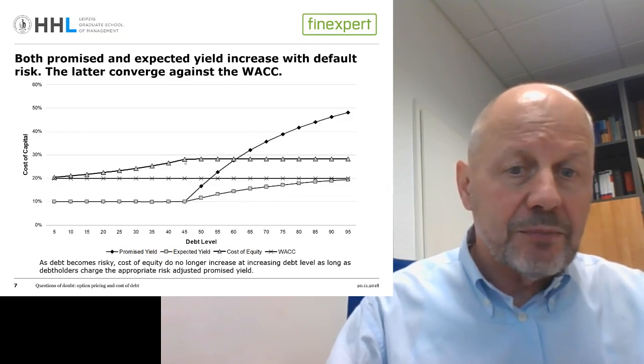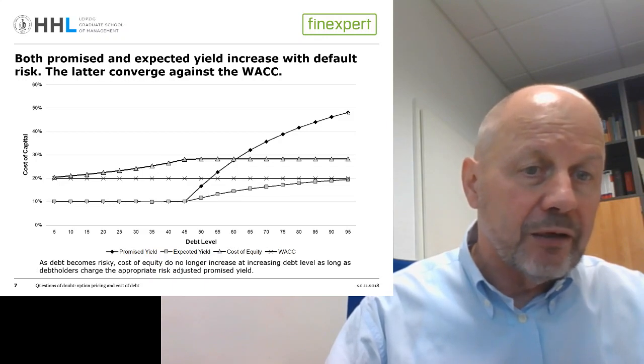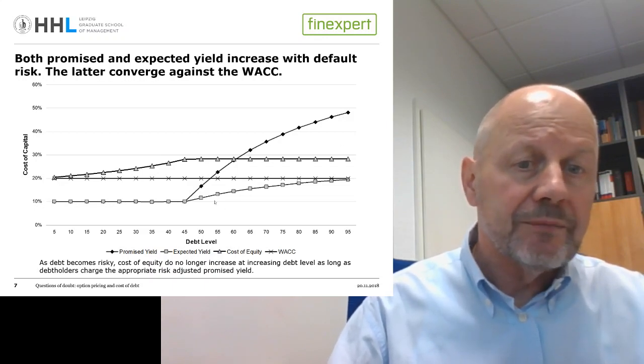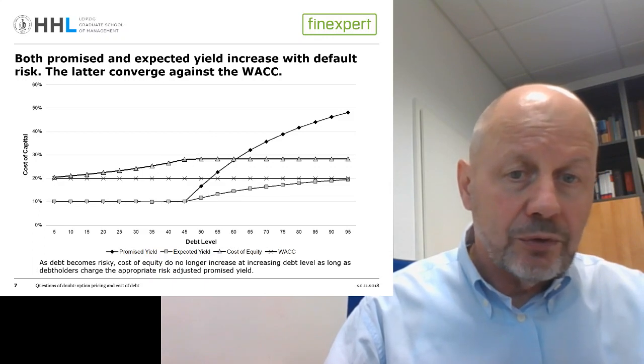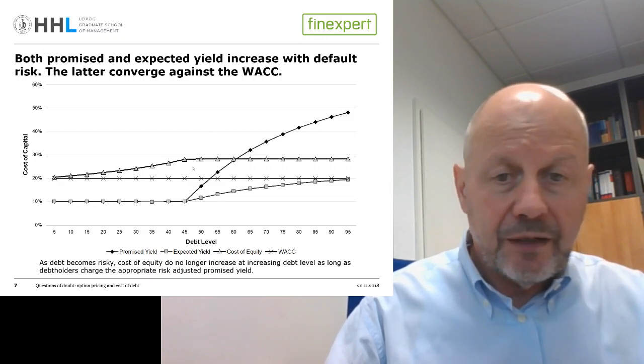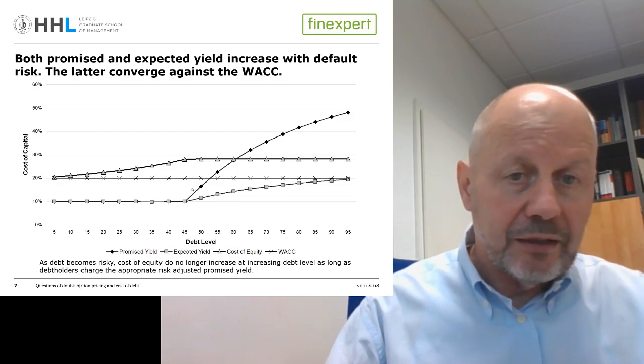This also makes sense, because beyond that kink you see that the debt becomes risky, and any further increase in risk is compensated by a further increase in the promised yield and in the cost of debt. That means no further additional risk is incurred by the equity holders, and so their cost of equity is no longer increasing at increasing debt levels.